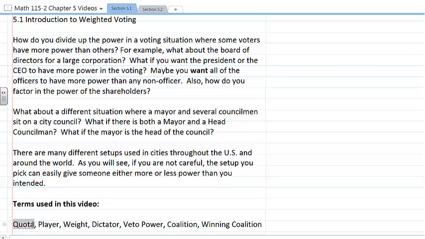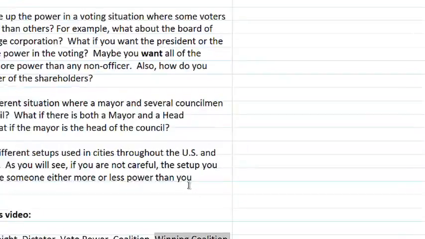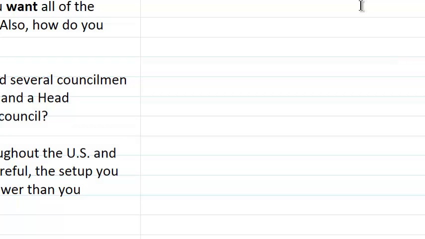So to find these terms, pause the video for a minute and go get these definitions: quota, player, weight, dictator, veto power, coalition, winning coalition. All right, you get those, and then come back and start up again.